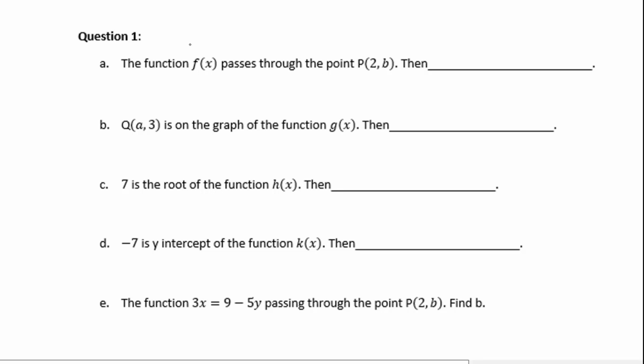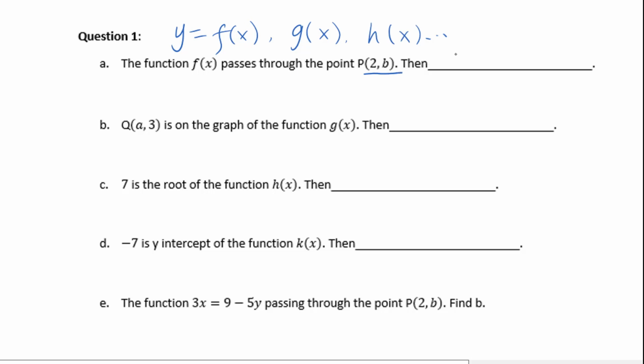As we know, normally we use y equals f of x, or g of x, or h of x, or c of x, and so on to show the function. For a, the function f of x passes through the point (2, b).